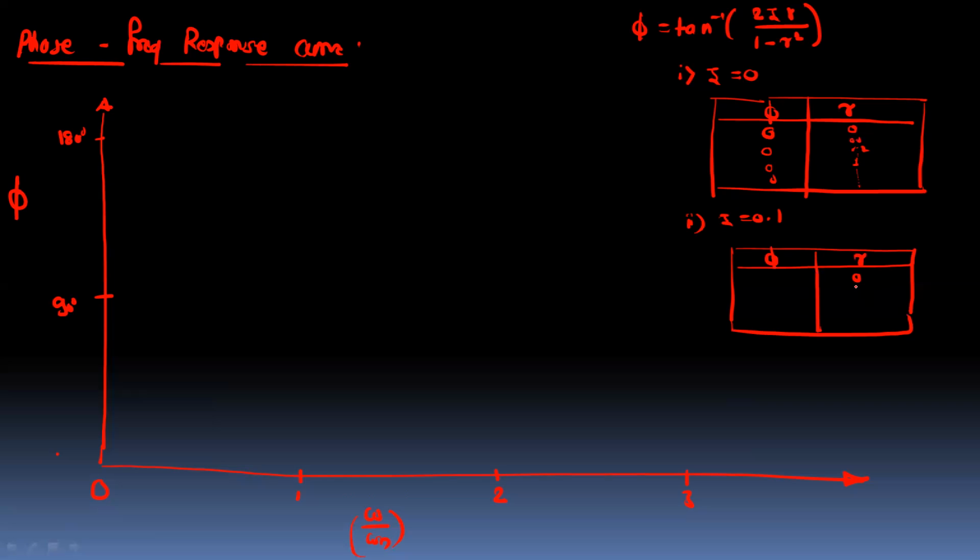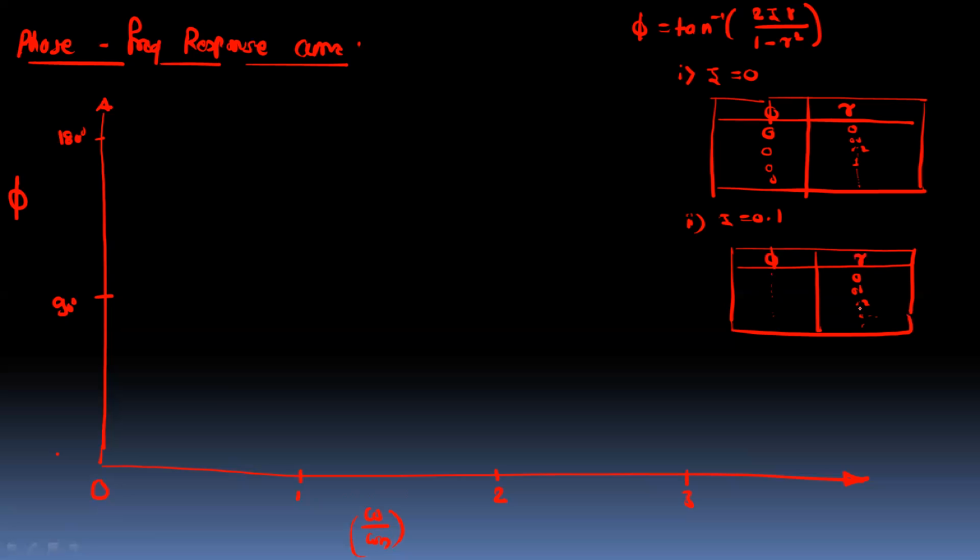Take first 0. As R is 0, this will become 0. So all the graphs will start from this 0 value only. Then 0.1, 0.2, and we'll get different values.